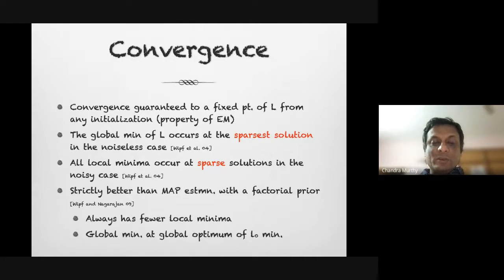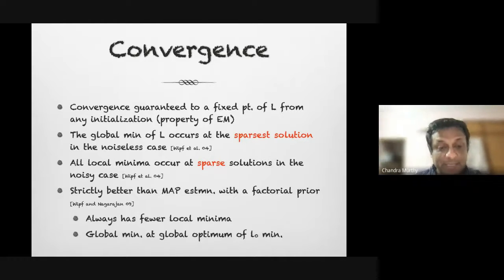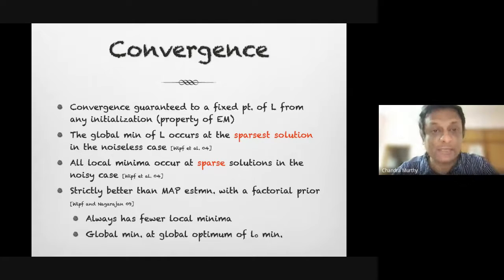And it's also strictly better than MAP estimation under a factorial or factorizable prior. It always has fewer local minima, and the global minimum occurs at a global optimum of the L0 minimization problem. So these are some properties of the convergence of the SBL algorithm that are known.